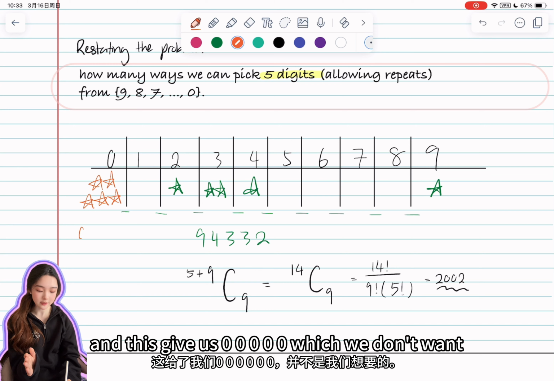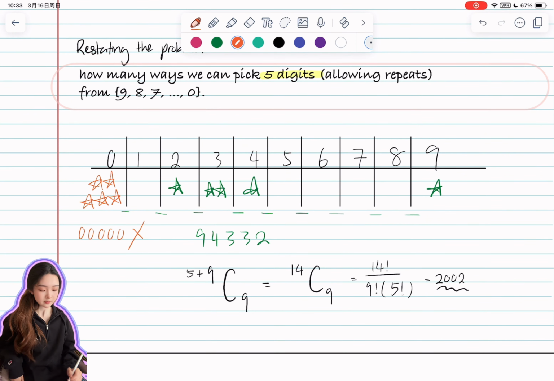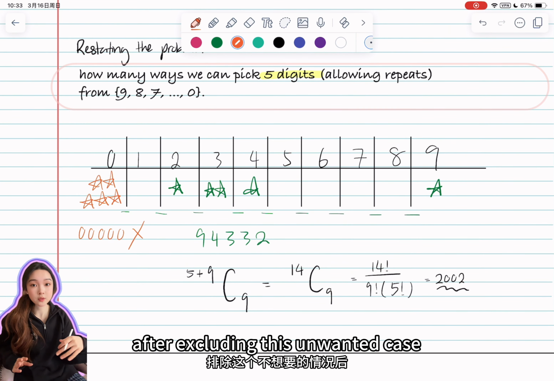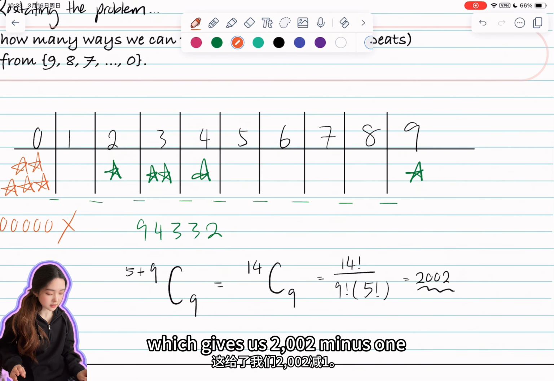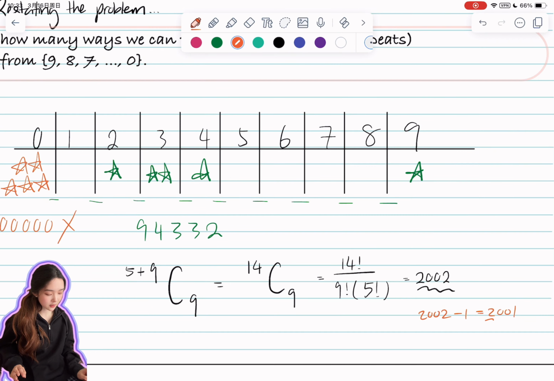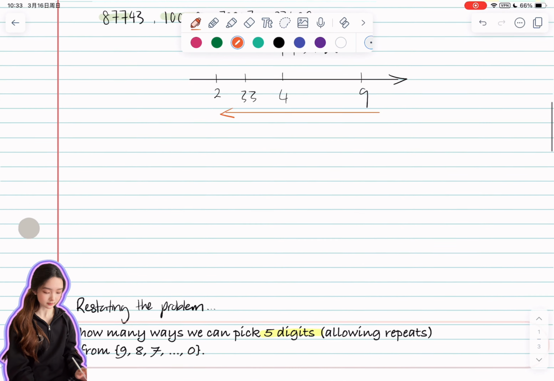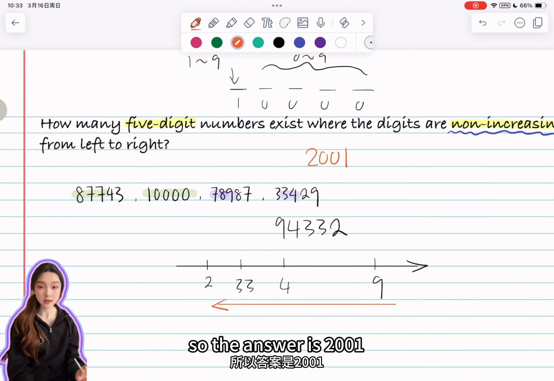This gives us 00000, which we don't want, and it doesn't follow the rule that the question asks. So the final answer, after excluding this unwanted case, is 2002 minus 1 equals 2001 5-digit numbers that follow our rule. So the answer is 2001.